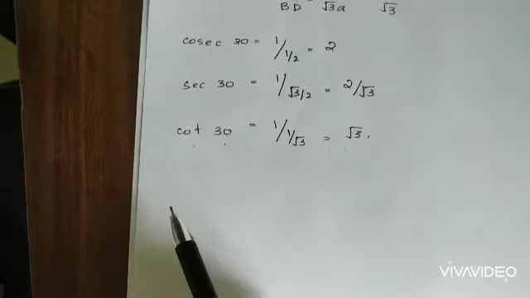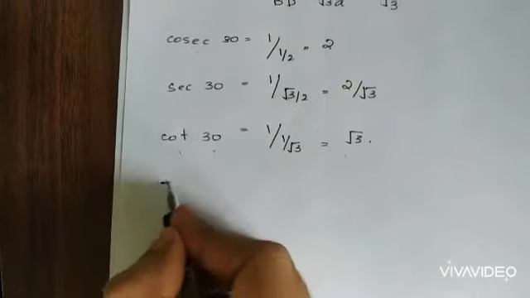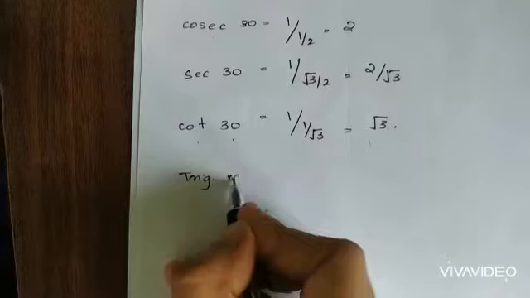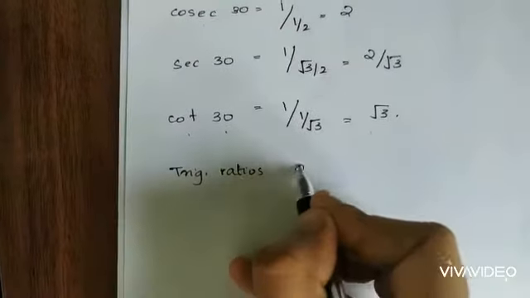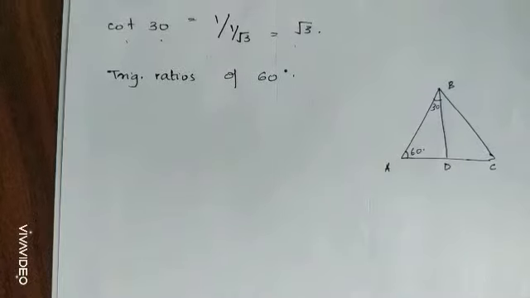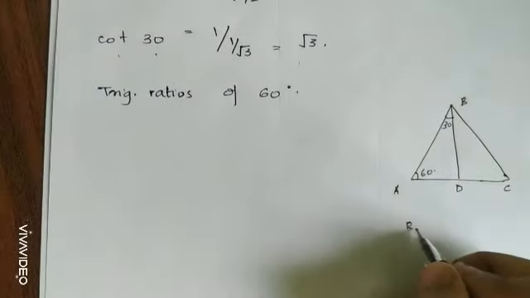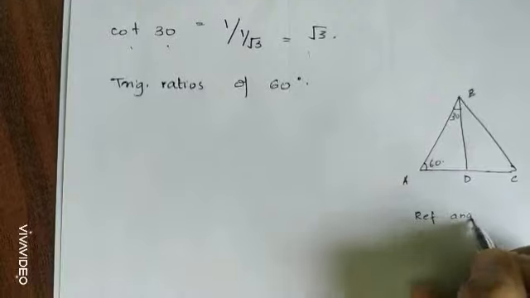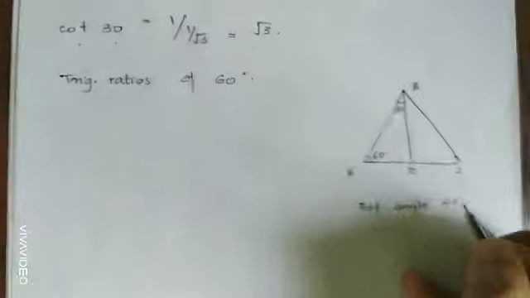Now let us move on to the trigonometric ratios of 60 degree. Here the reference angle is 60 degree.